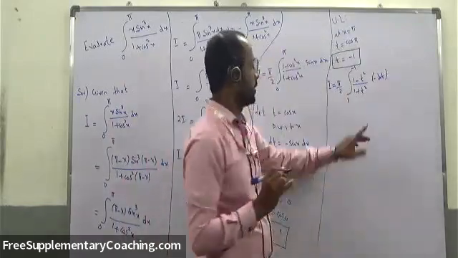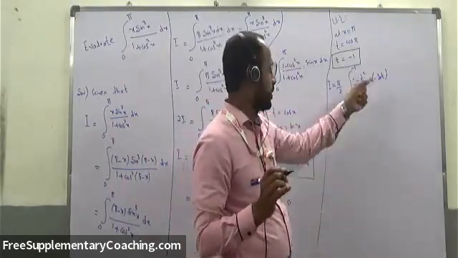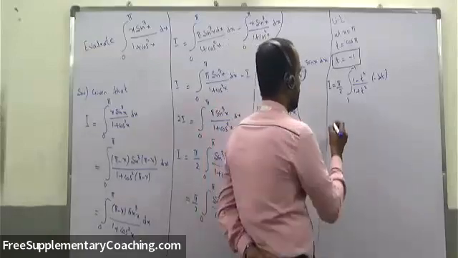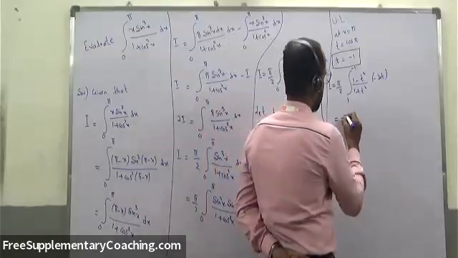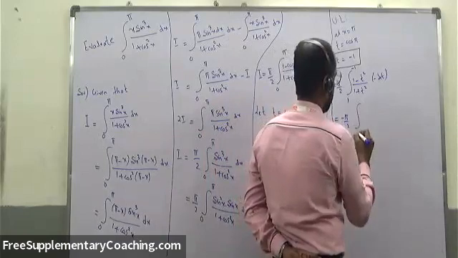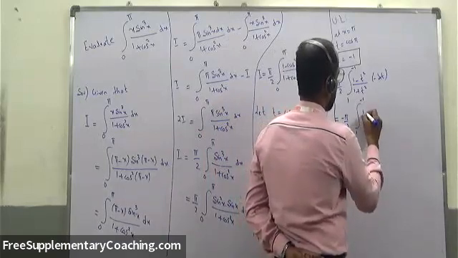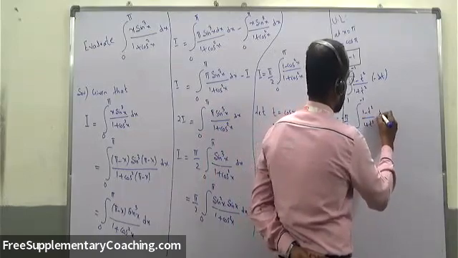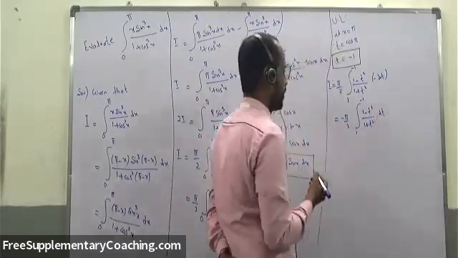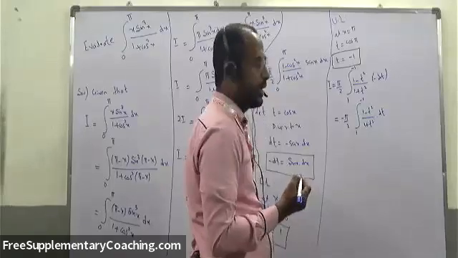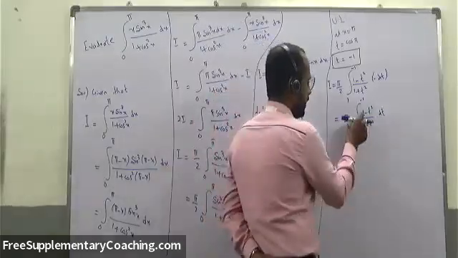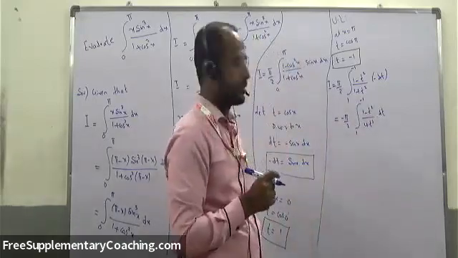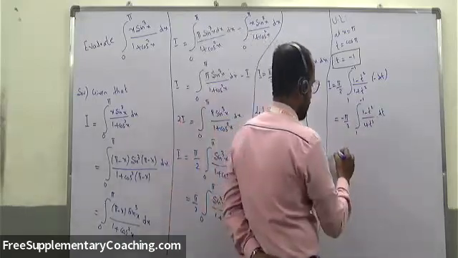This minus sign I'm taking out and writing with this pi by 2. So this is minus pi by 2 integration 1 to minus 1, 1 minus t square by 1 plus t square into dt. Look carefully, in this particular term, I am taking minus common.